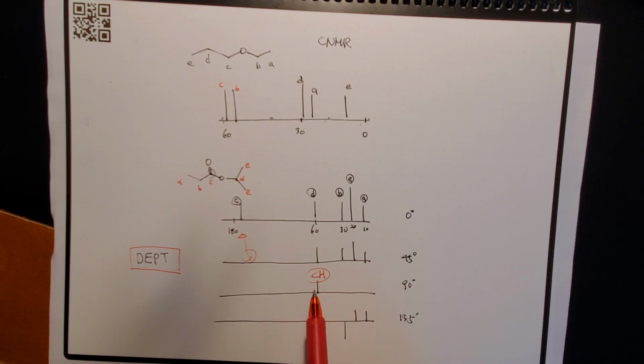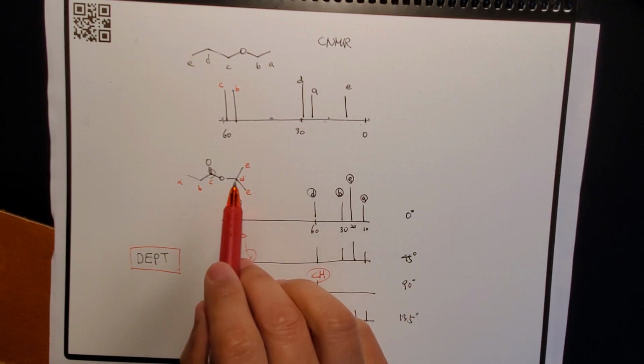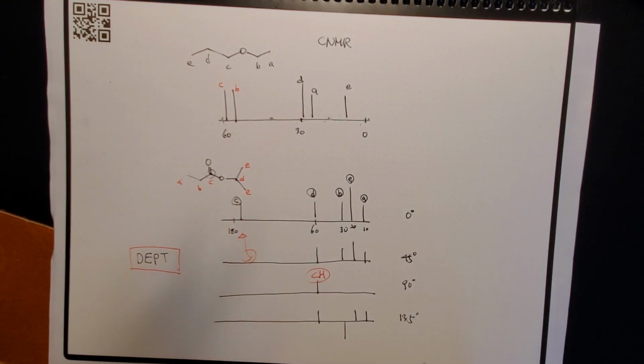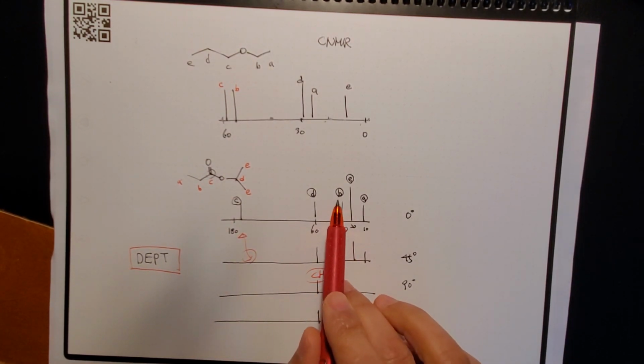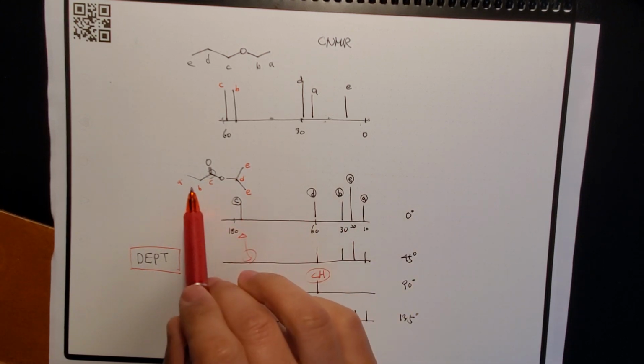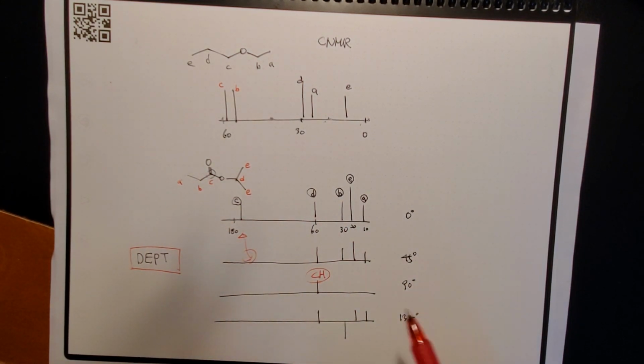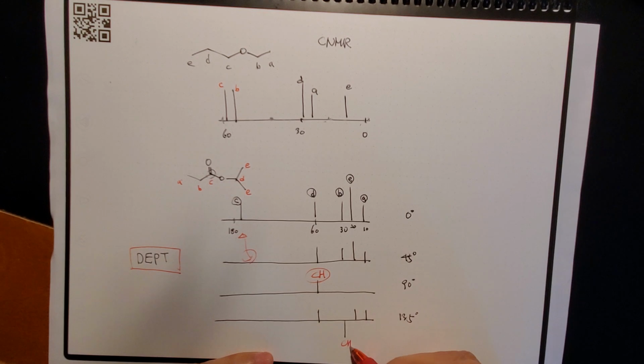Here, this gives you a chance to find, you can see, kind of tertiary, right? With 1 hydrogen. Then there, with a 135-degree pulse, the only thing showing a negative value, as you can see, is B, which is a CH2. Okay, so that gives you a chance to find CH2.